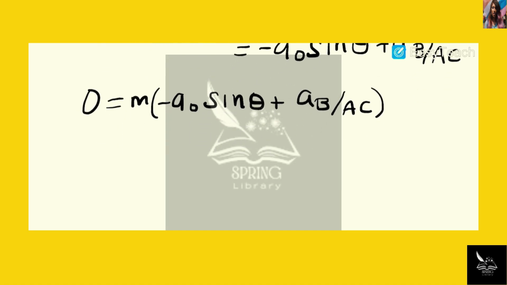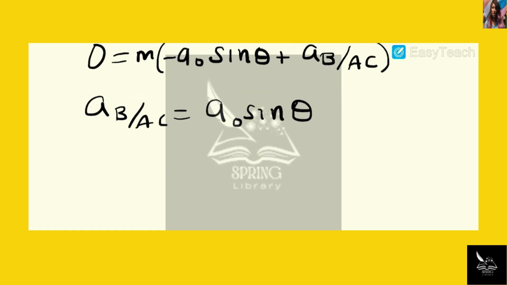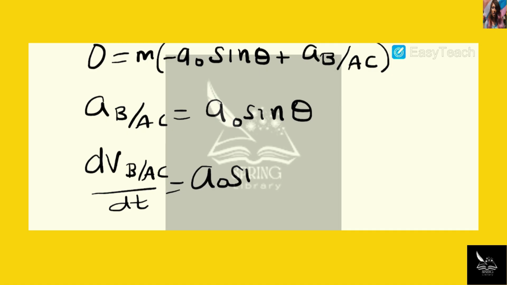Therefore, what we can do is isolate AB given AC, and this gives us that this is equal to A0 sine theta. Now we can just directly integrate this quantity because we know that acceleration is equal to velocity over time. So we can say that this is dVB given AC over dt, which is equal to A0 sine theta.